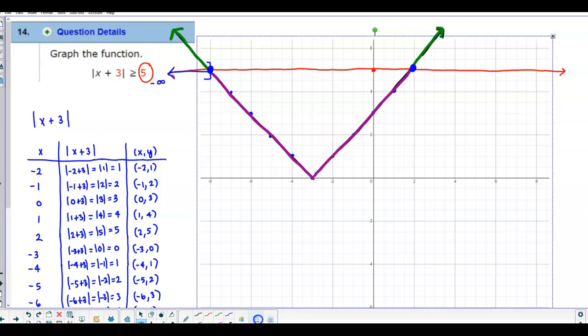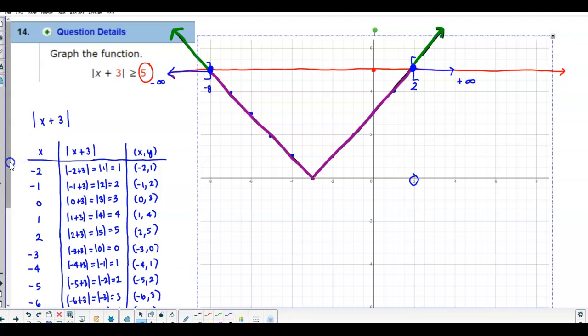That means that this green is above that line. Same thing on the right hand side. The green is showing everything that's above the line. So that means that at the value of when x is 2, it's going towards positive infinity. And over here, we have negative 8 going towards negative infinity. And then the purple says everything that's below.